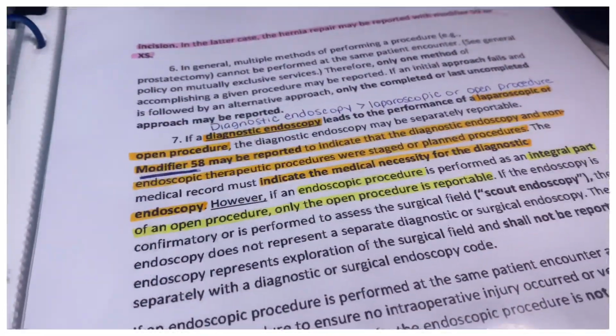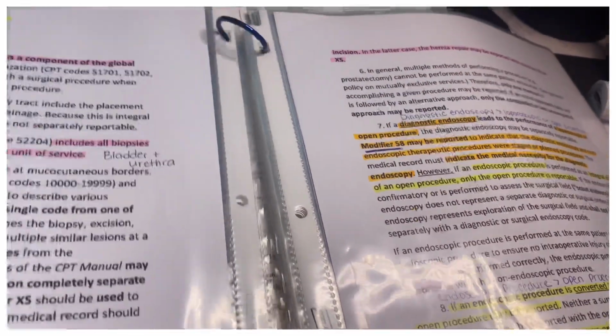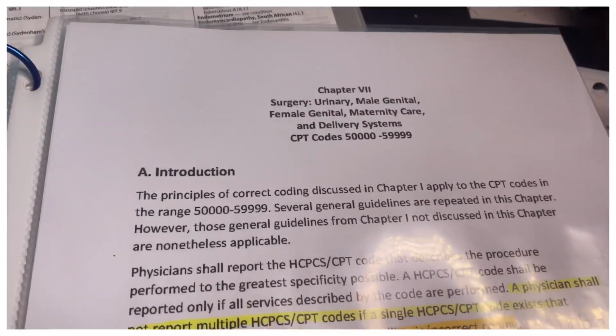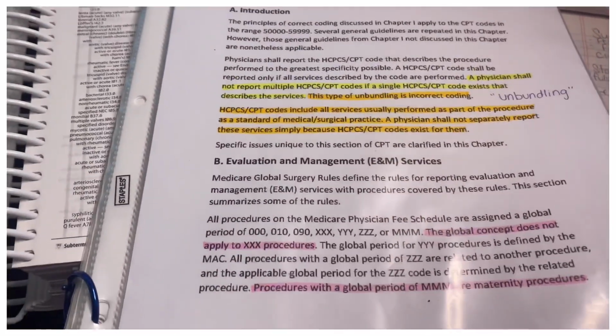And what else did I want to bring up? So looking at my chapter 7 coding manual, and I got this from CMS's website. I can link it down in the description box below for those of you that have never seen this before. But this one is specific to chapter 7.